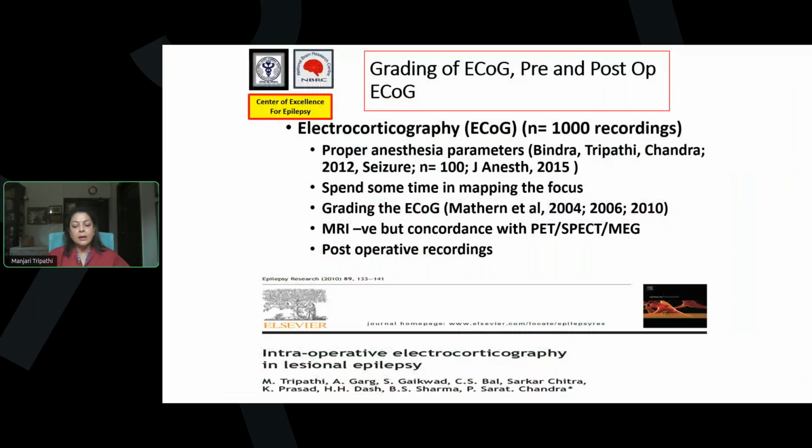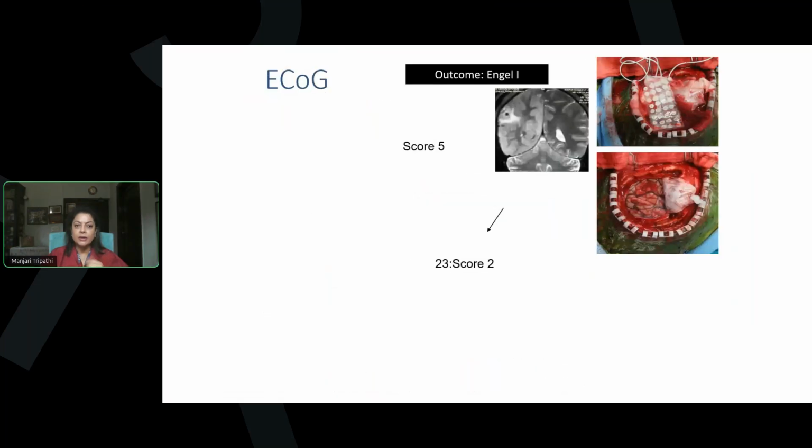The last but not the least is utilizing electrocorticography in surgical resections. We use it even after stereo EEG to mark the margins of resection. We map out the red spikes and the green spikes and try to resect the area around the lesion, because the lesion is not the only thing which is epileptogenic. It is a whole network around it.